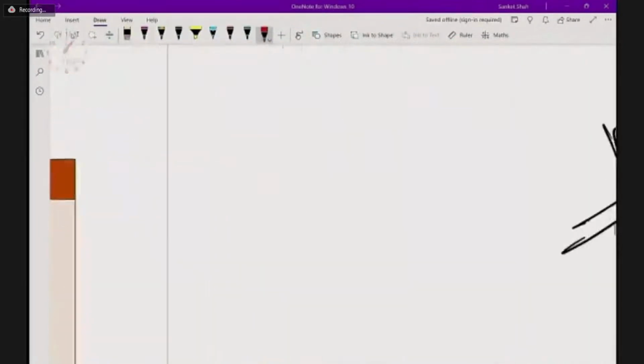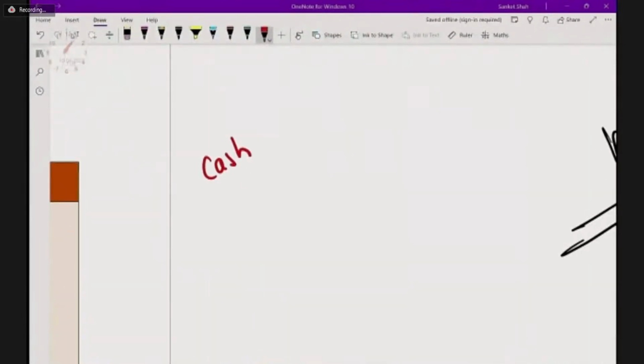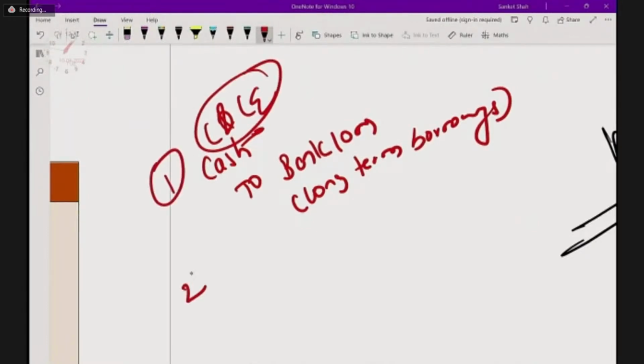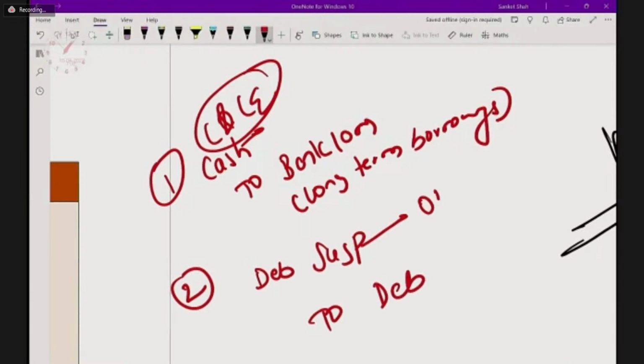See, beta, balance sheet is very easy. Cash account debit to bank loan. Bank loan, where to show? Long-term borrowings. Cash goes under cash and cash equivalents. This is the first entry. Second entry, debenture suspense to debentures. Where to show debenture suspense?